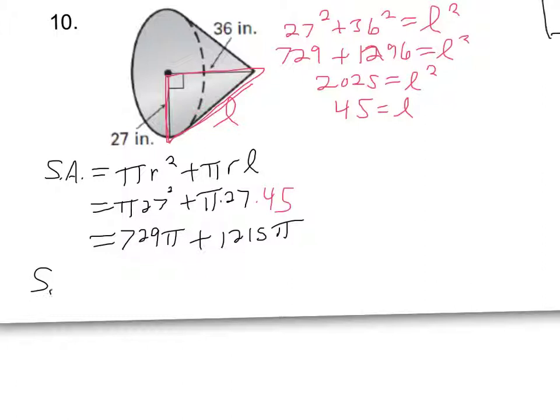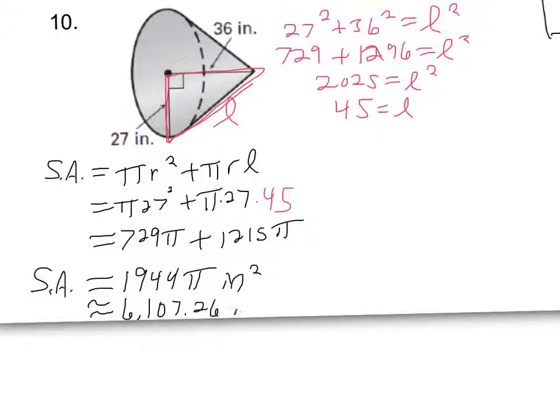Those are like terms and can be combined. 729 plus 1215 is 1944, so 1,944 pi square inches. That would be the exact surface area. And if you round that, you get 6,107.26 square inches.